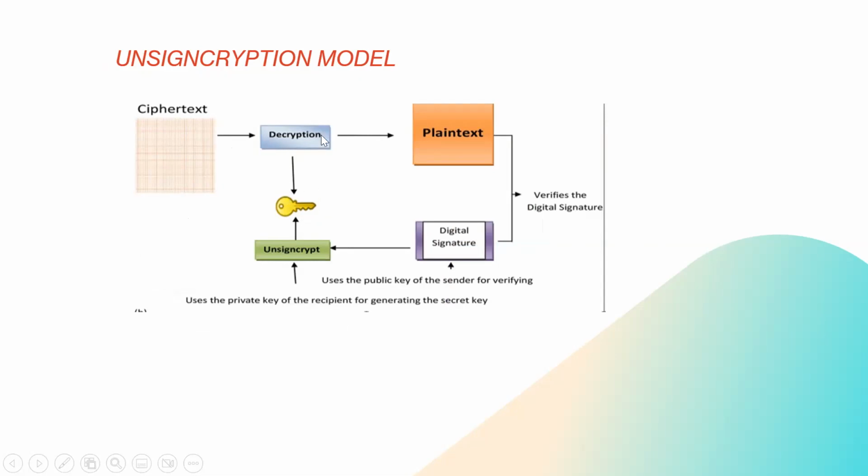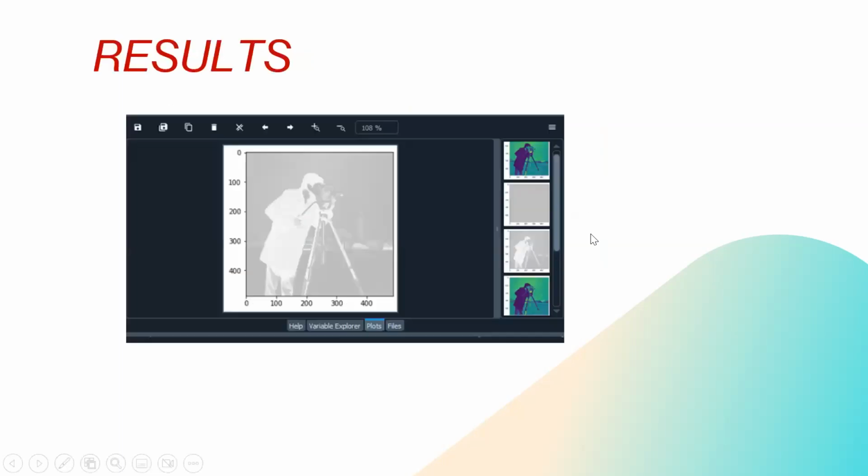And as we already got the public and private key using the chaotic maps between the user and the recipient, he will be using the public key of the user and trying to verify the digital signature, and he will also do the decryption, and then we'll be getting the readable format, and he can also know who is the person that sent it, and in that way the authentication will be cleared. So this is the unsigncryption model on the side of the recipient, and then he can verify the signature.